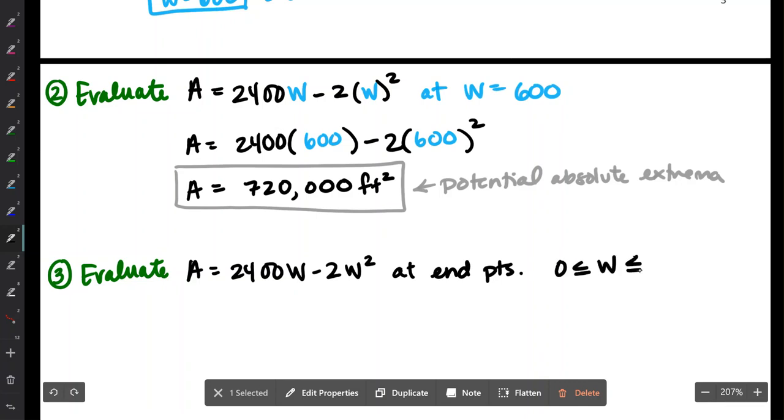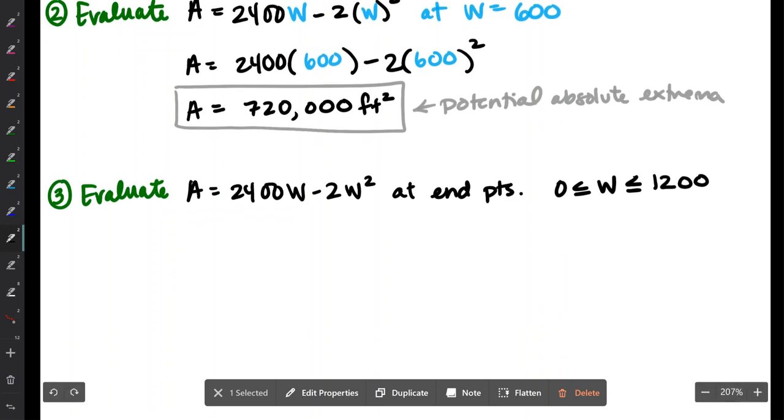If the width is 0, we have no area whatsoever. And if the width is 1,200, we also happen to have no area whatsoever. Because 1,200 plus 1,200 is 2,400. I keep saying 1,000, I apologize. We would have no fencing left over for our length.